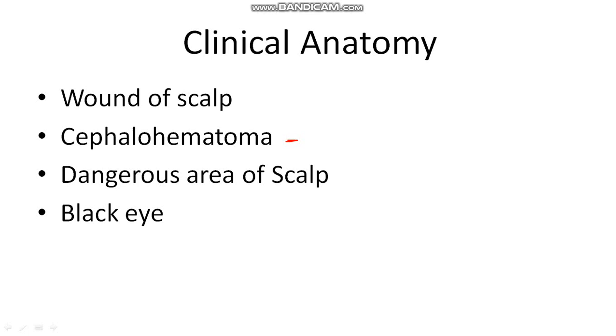So injury in the scalp leads to collection of blood just below the region of the loose connective tissue. See this loose connective tissue, which I have already explained, is loosely adherent. And just below is another layer, the pericranium. When blood collects between these, that condition is known as cephalohematoma.